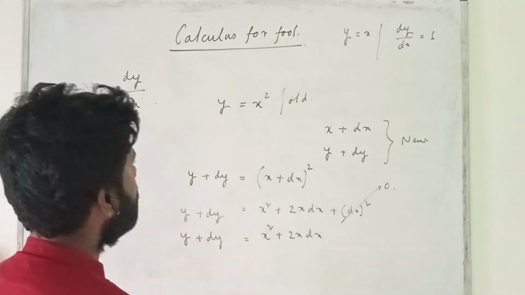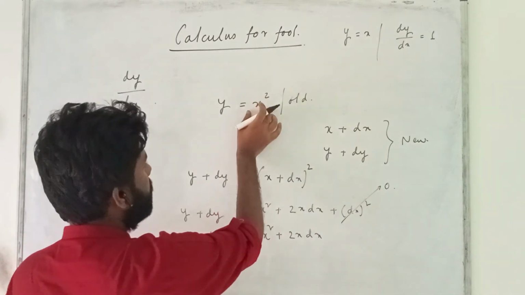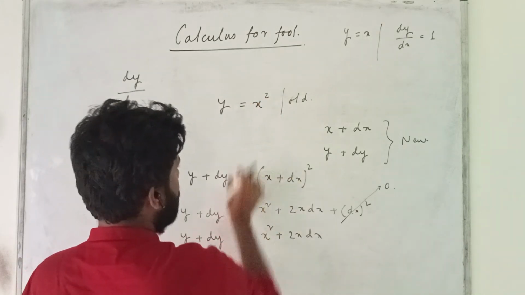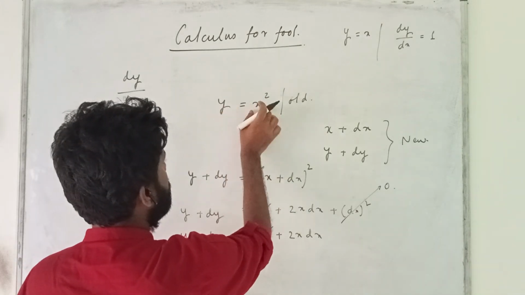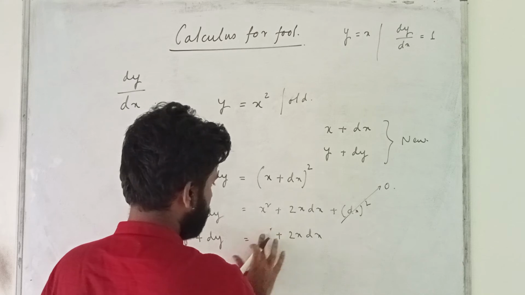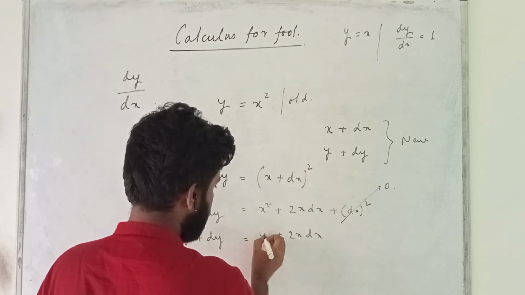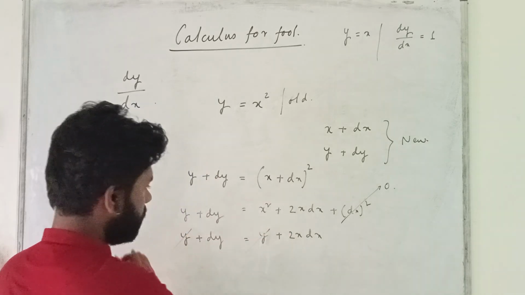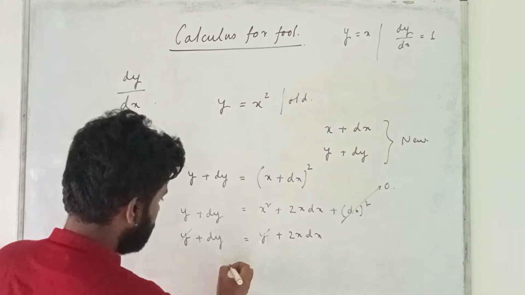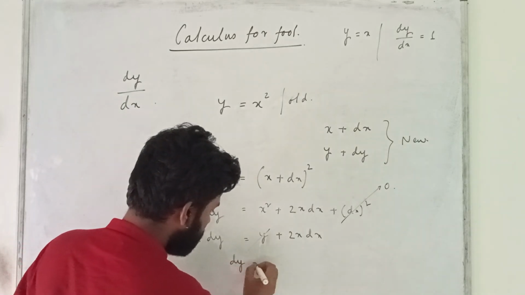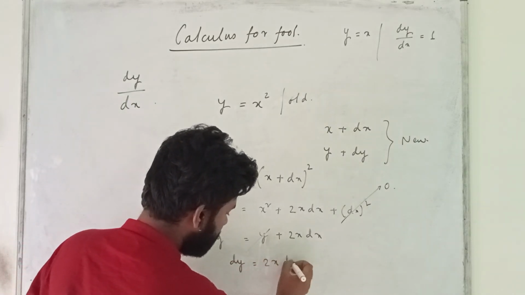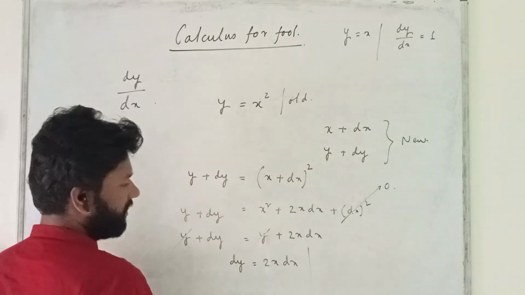And from our old equation, x squared means y, so you can cancel out. Now it is actually dy equals 2x dx, right?